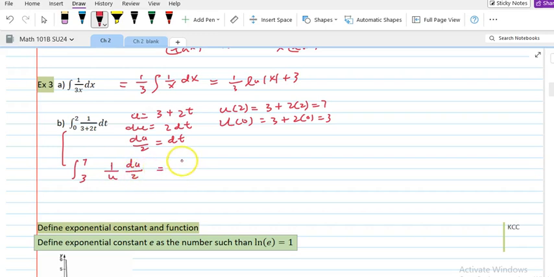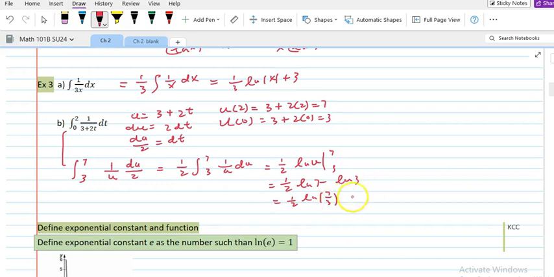So 1/2 outside, from 3 to 7, 1 over u du. Whenever you have 1 over u du, that's ln u. So that would be 1/2 ln u, plug in 7 and 3. So it's 1/2 times ln 7 minus ln 3. But minus can be written as what? Dividing. 1/2 ln of 7 over 3.